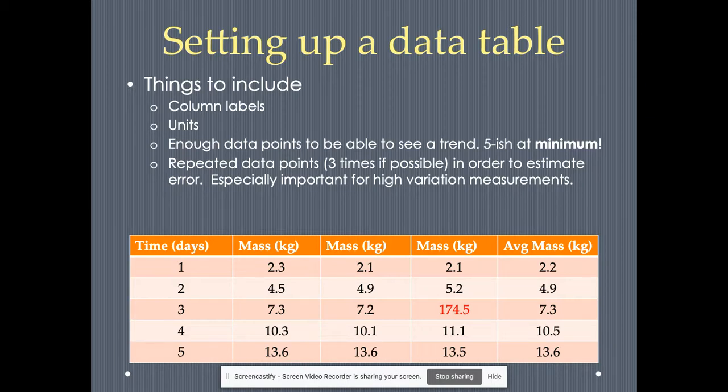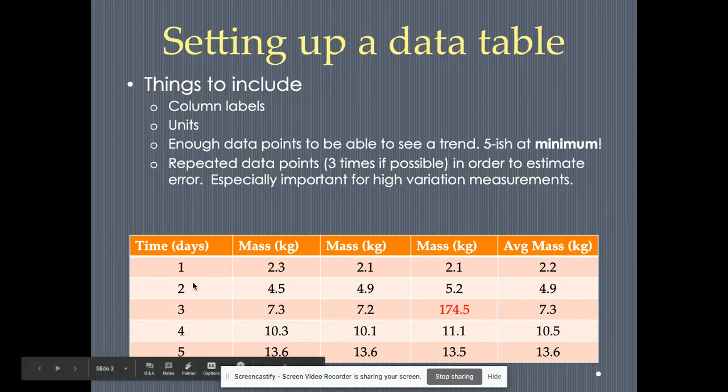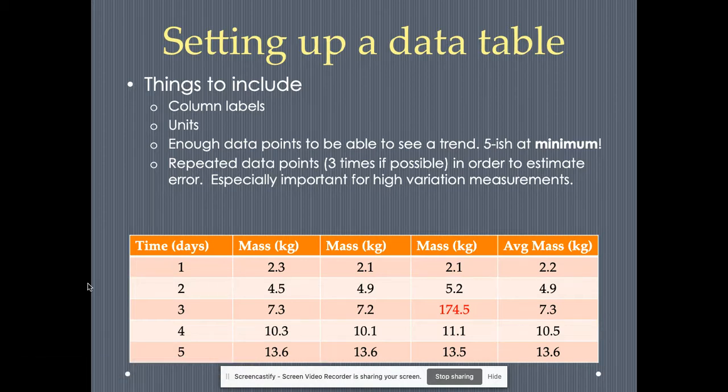The other thing is you need to always have enough data points to be able to see some type of trend when we actually graph this stuff. And so we normally say five or so data points at minimum. And in here you see there's at least five data points. The more you have, the more accurate your data becomes. Also, repeat data points, like three times if possible.